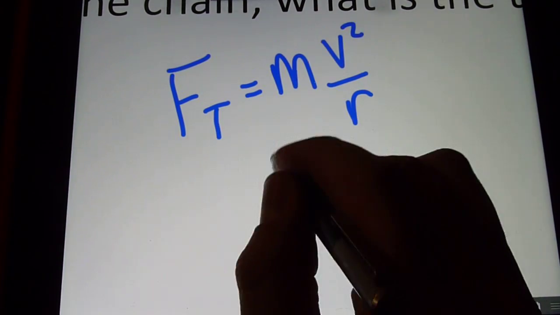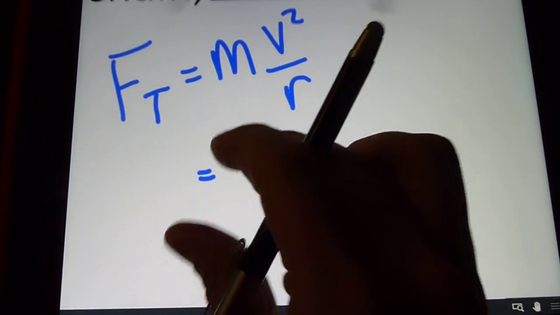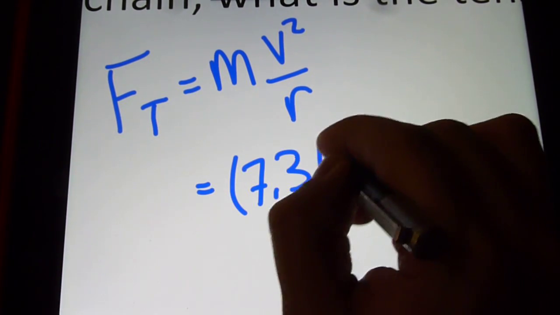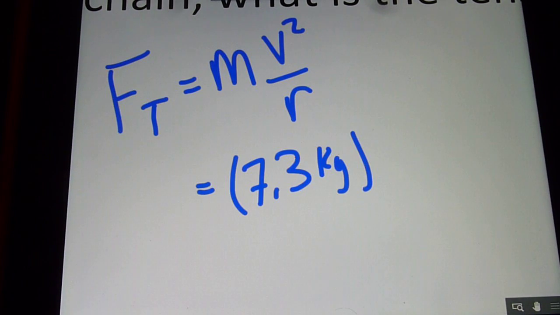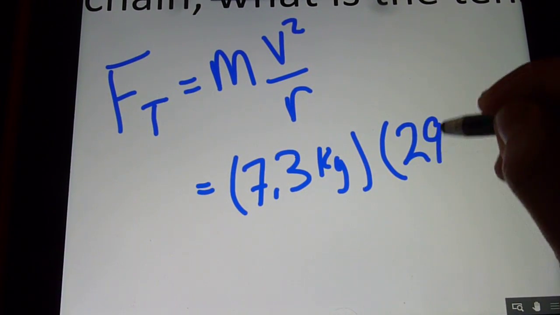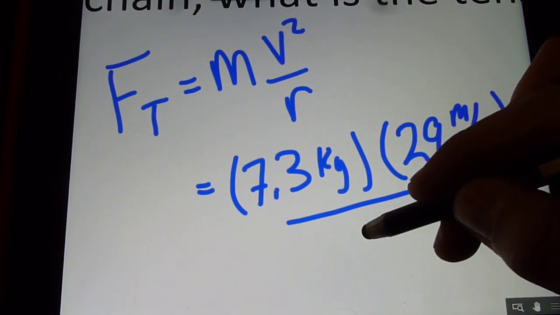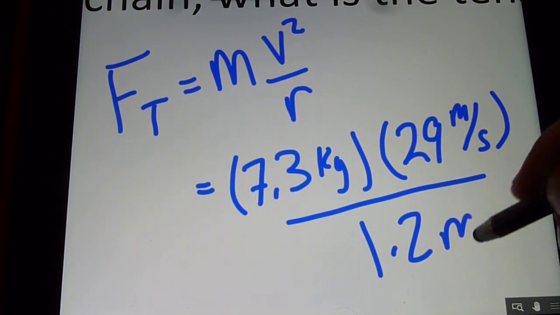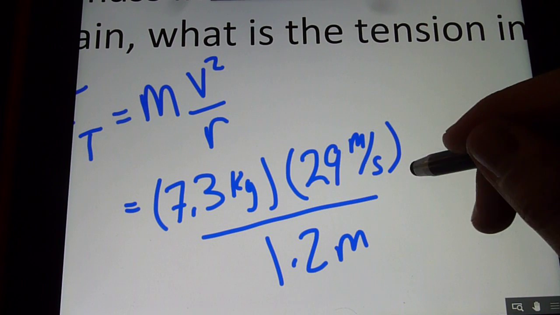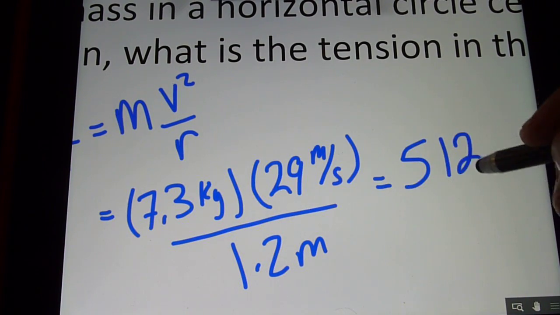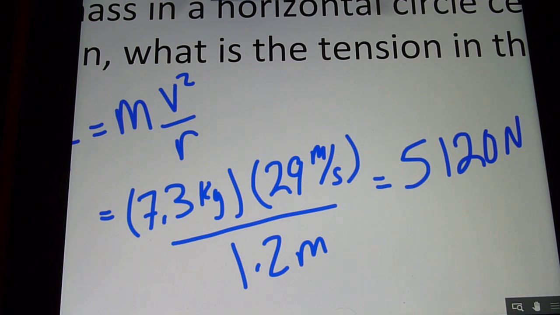In this problem it's just a direct calculation: my mass is 7.3 kilograms, my v is 29 meters per second, and my radius I was told was 1.2 meters. When I calculate that out, I get 5,120 newtons. That comes to about 1,200 pounds or something like that.